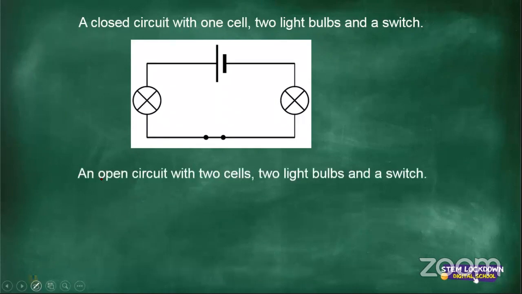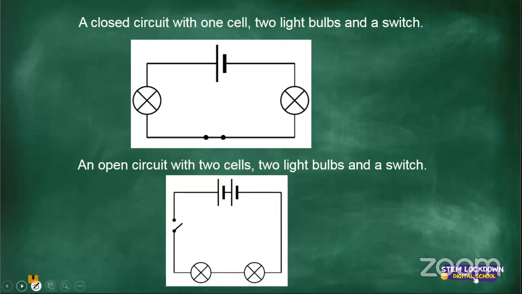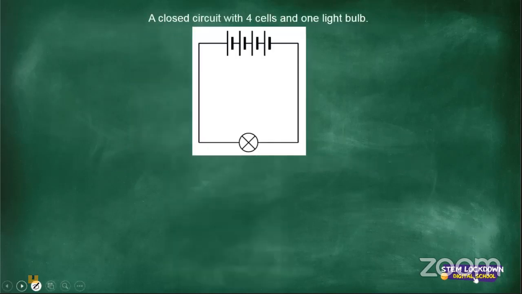And then we're going to draw an open circuit with two cells, two light bulbs, and a switch. And this is how it would look. So it doesn't always have to be the same. You can put your light bulbs anywhere, as long as you fulfill the requirements of what they asked you. So here is a closed circuit, and here is an open circuit. Okay.